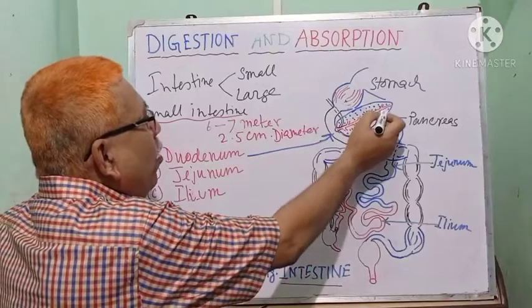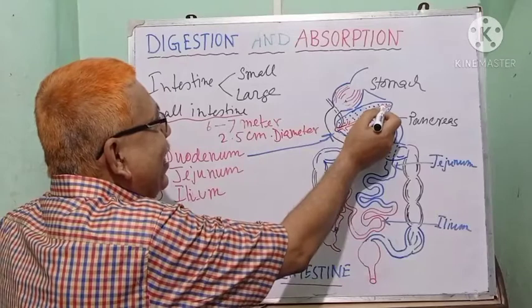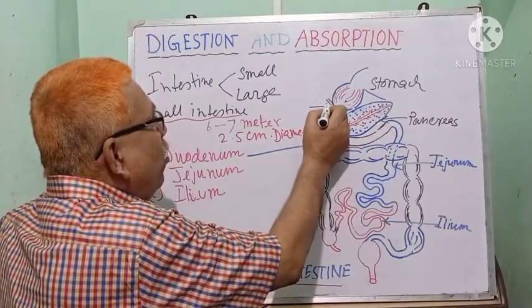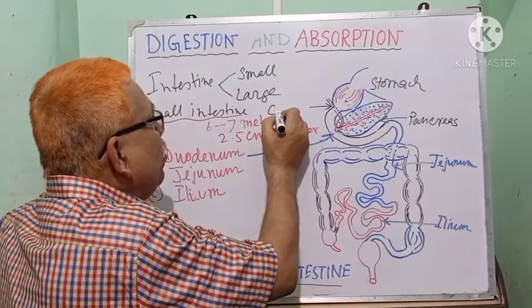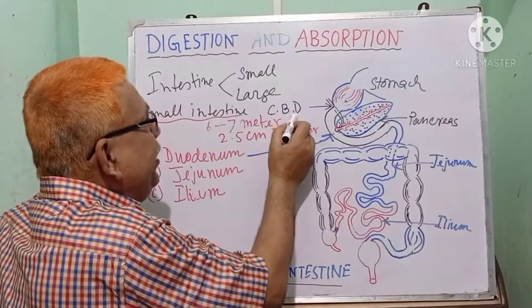This is called the pancreatic duct, coming from the pancreas, and this is called the common bile duct, CBD.